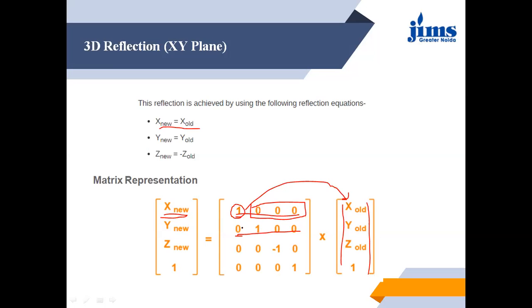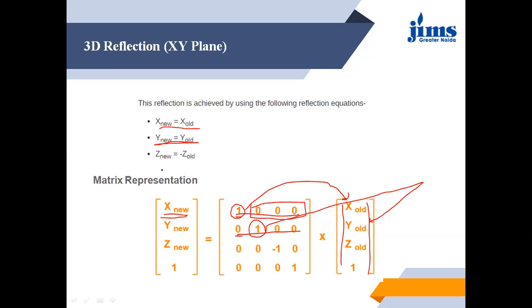As all the coordinates x, z except y are 0, the rest of the values will be 0. Only this 1 is going to multiply with this y old, so y new equals the old value of the y coordinate.